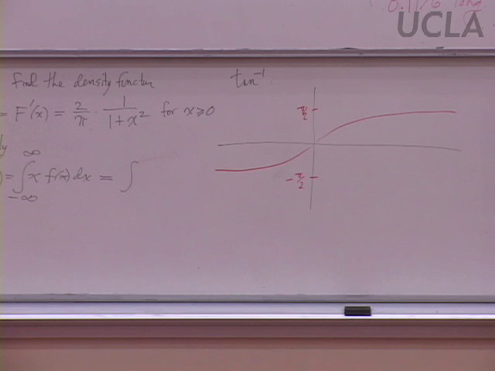What I should have said is that the density is given by this for positive values of x, but it's 0 for negative x. Differentiating the constant 0 is easier.